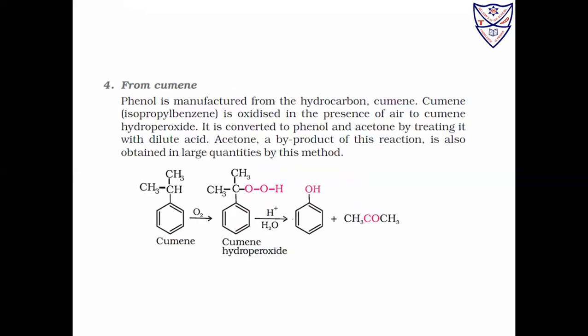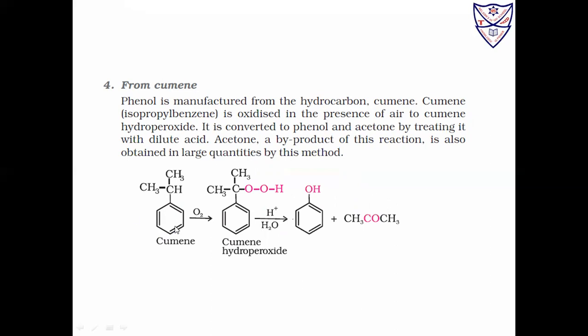Now the fourth method is from cumene. Cumene is a benzene ring with a CH attached to it carrying two methyl groups. This is isopropyl benzene. Phenol is manufactured from the hydrocarbon cumene. Cumene is oxidized in the presence of air to cumene hydroperoxide. It is converted to phenol and acetone by treating with acid.